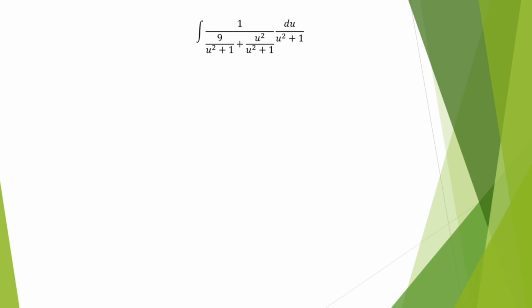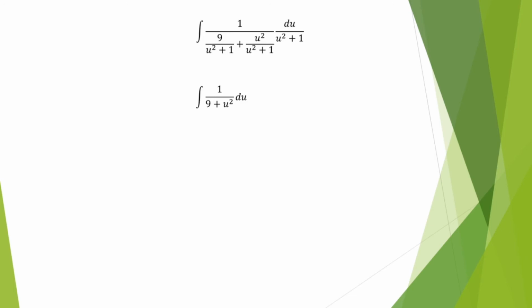But that u squared plus 1 is distributing to both terms. So because those two terms have u squared plus 1 in the denominator, it's going to cancel out with the other u squared plus 1. So I'm going to be left with 1 over 9 plus u squared.